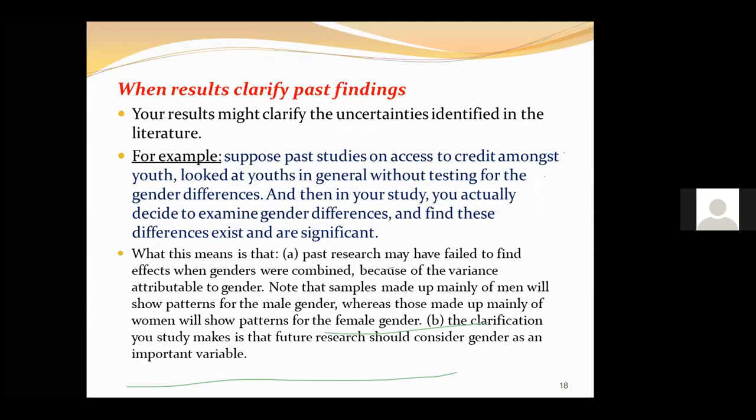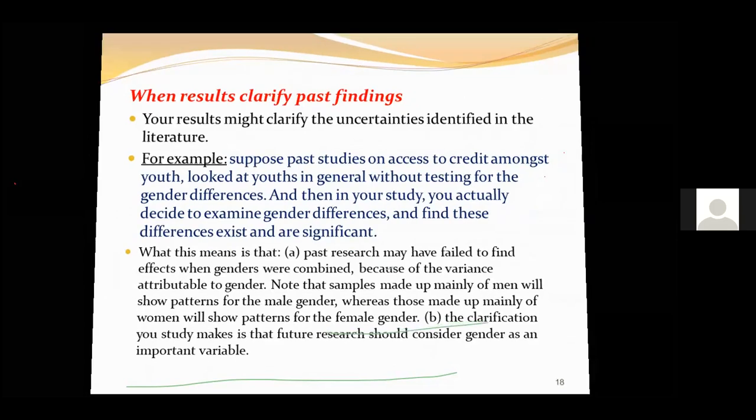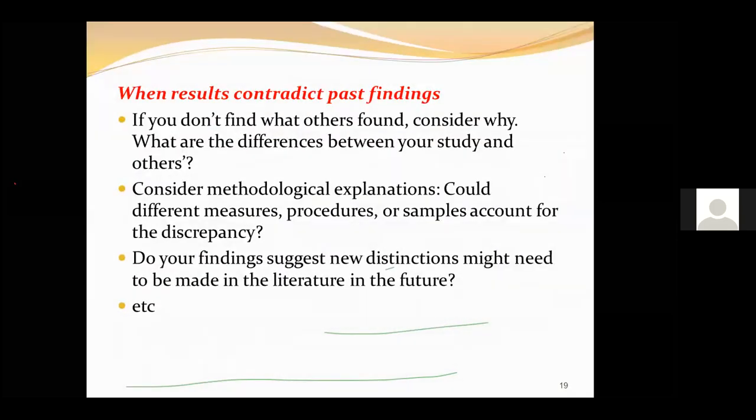The relationship between access to credit and business performance among youth is insignificant. Dig deeper. Okay? You will find that your results actually clarify what you didn't know or what was not known.